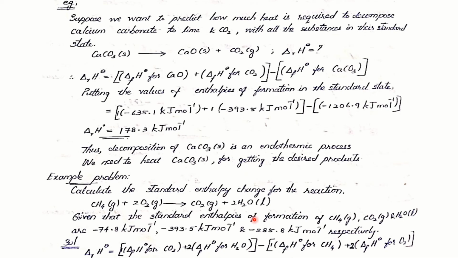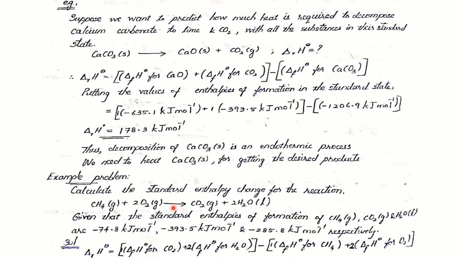Given that the standard enthalpies of formation of methane, carbon dioxide and water are minus 74.8 kilojoule per mole, minus 393.5 kilojoule per mole and minus 285.8 kilojoule per mole respectively. So now we are asked to calculate the standard enthalpy change for this reaction.